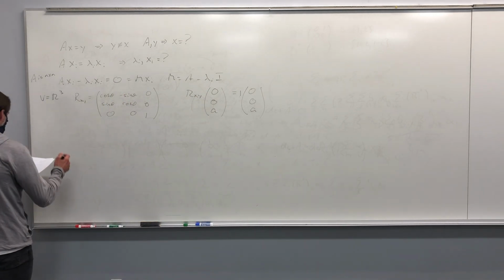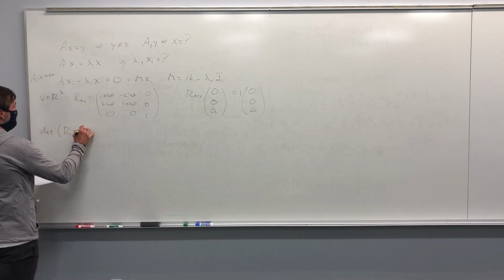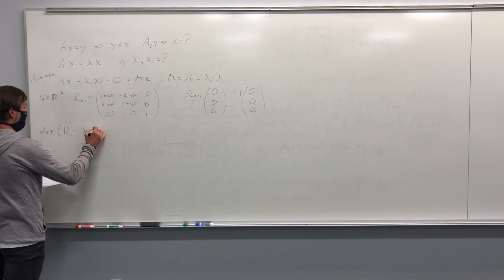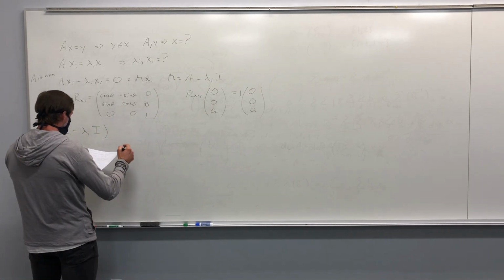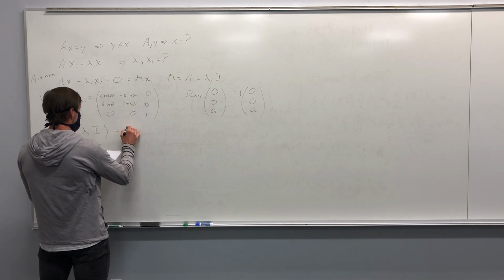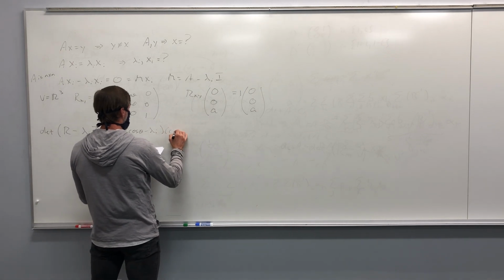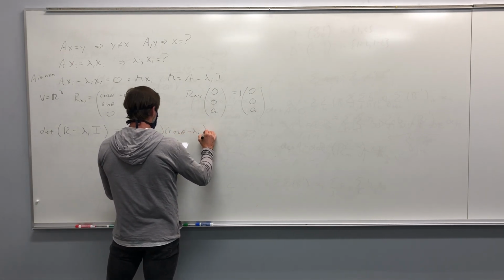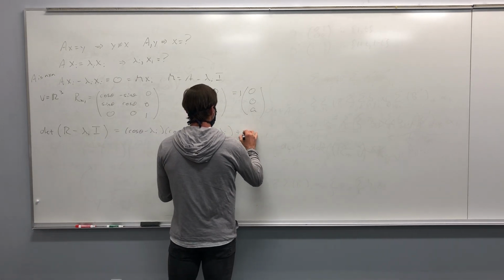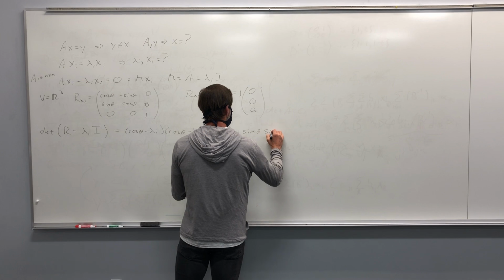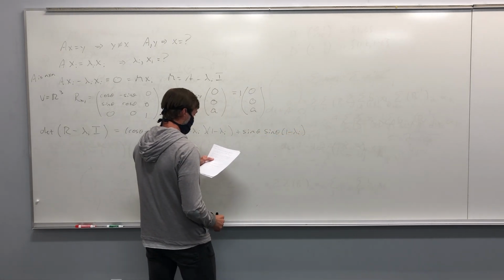So let's go through that. So we want to do the determinant of R minus lambda I times I. And I'll just do this very quickly. This is going to be cosine of theta minus lambda i, cosine of theta minus lambda i times 1 minus lambda i, plus sine of theta times 1 minus lambda i.